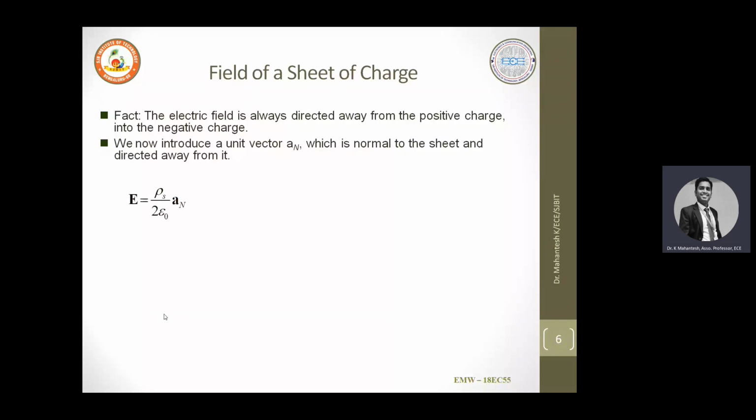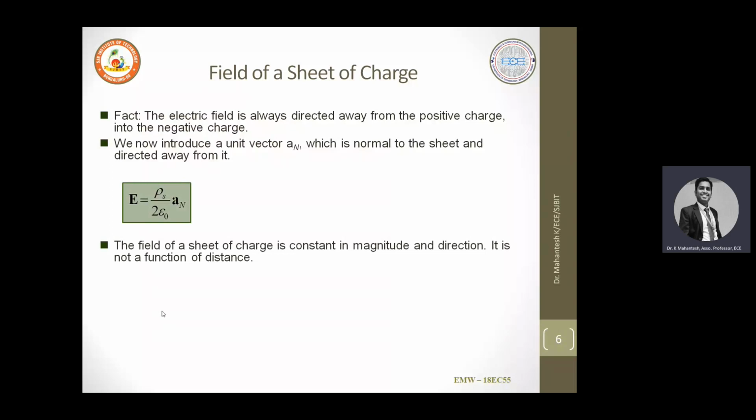Hence, E is equal to rho s over 2 epsilon naught in the direction an, normal to the sheet. The field of a sheet of charge is constant in magnitude and direction. It is not a function of distance because we don't have any R component, neither in the numerator nor in the denominator, as happened in our previous electric field equations.